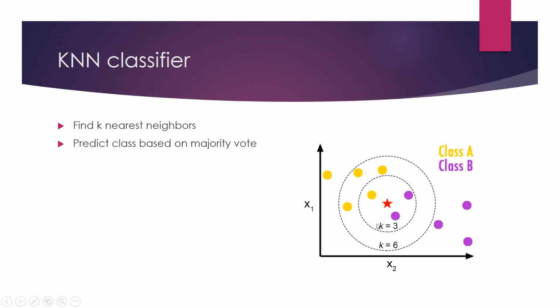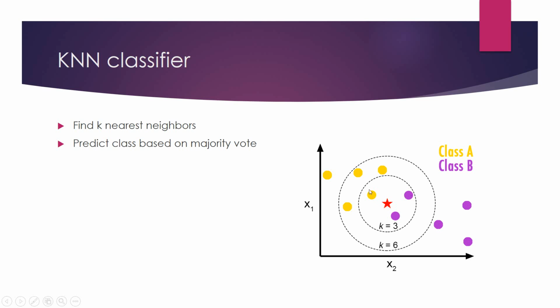First let's take the case with k equal to 3. This star is the data point for which we have to predict the class, and within this radius there are three neighbors. Out of them, two are of class B and one is of class A. So the classifier assigns class B to the data point.